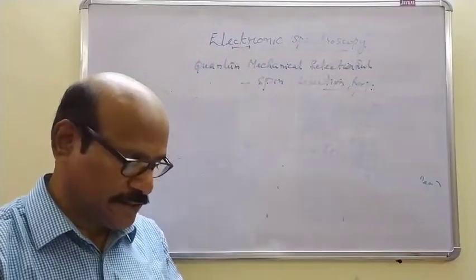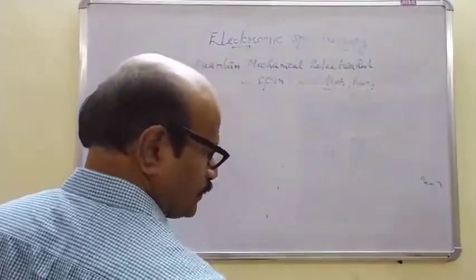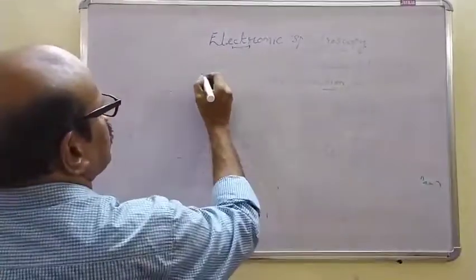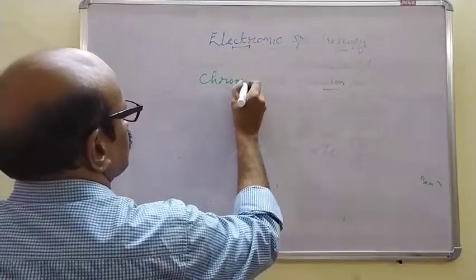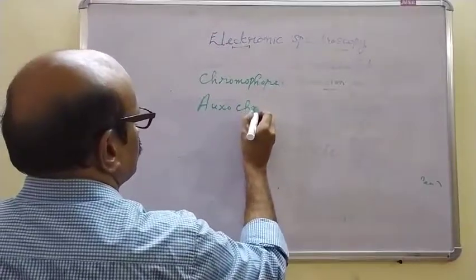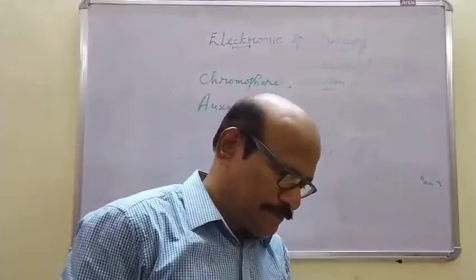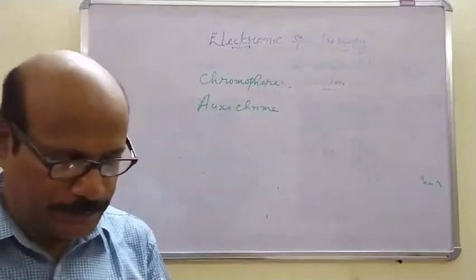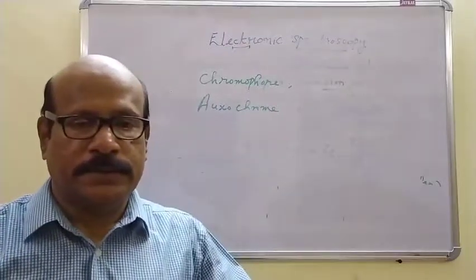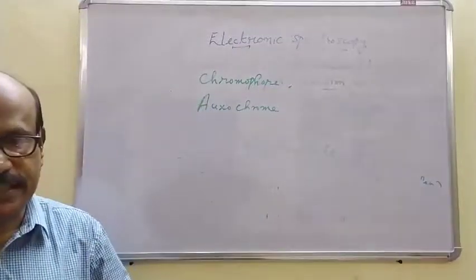The next terminology is chromophore and auxochrome. A chromophore is an isolated functional group present in a molecule, not in conjugation with any other group, that can cause the selective absorption of radiation at a particular frequency.